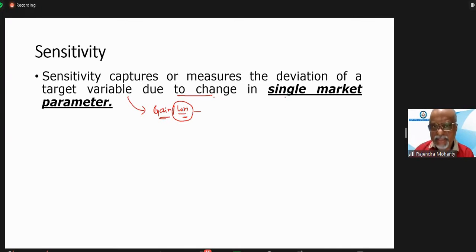If they change, then definitely our profit or loss will change. So sensitivity measures that deviation in the loss or gain due to movement of a single market parameter, not all the market parameters.